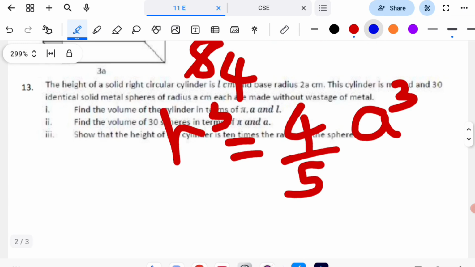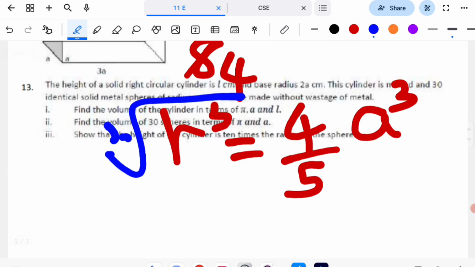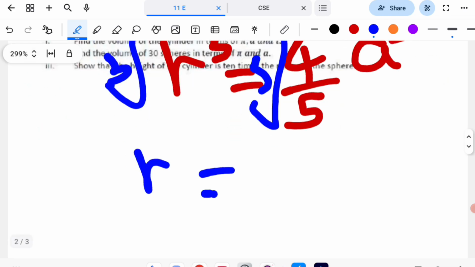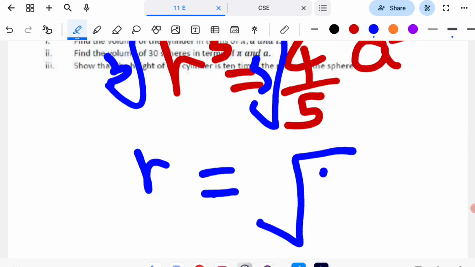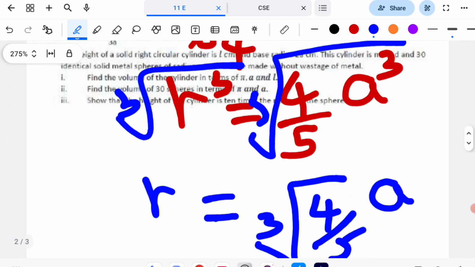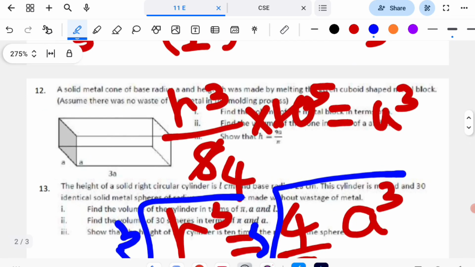When getting the third root, we know that the third root of r cubed is r. We can write the third root of 4 over 5 without any change, and the third root of a cubed is a. Then it is the given answer.